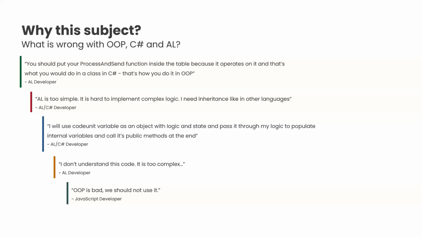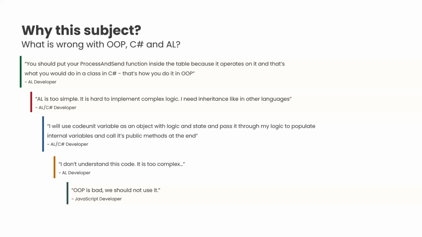And then you have those C# developers that came to AL and they are saying, AL is too simple. It's hard to implement the complex logic. I need inheritance. Like in other languages, AL is bad. And then those C# developers might say, I will use a codeunit as an object with logic and state inside.